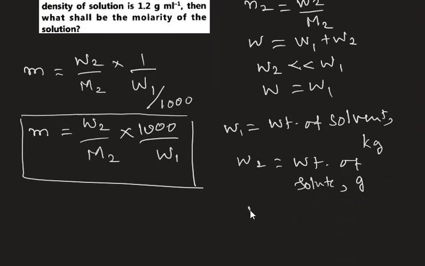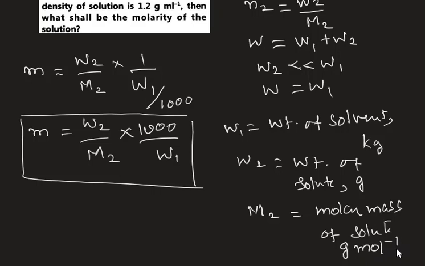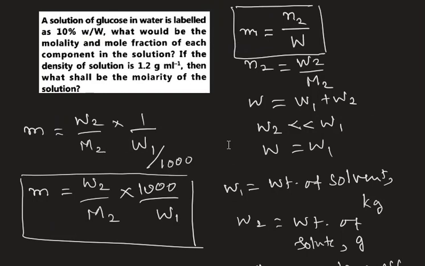That is expressed as the molar mass of the solute. It is given in gram per mole. Do you understand? So with this background, we will try to explain or solve the problem.